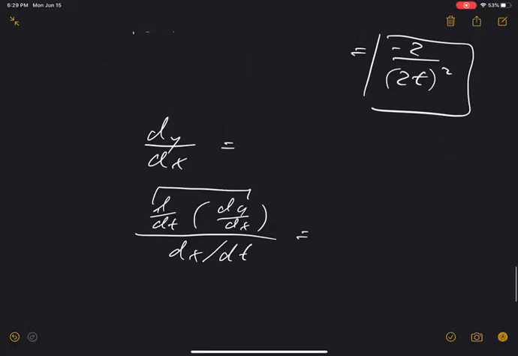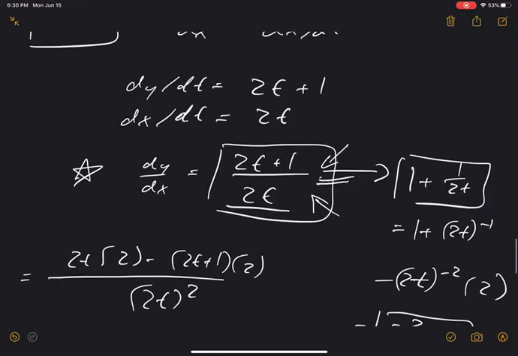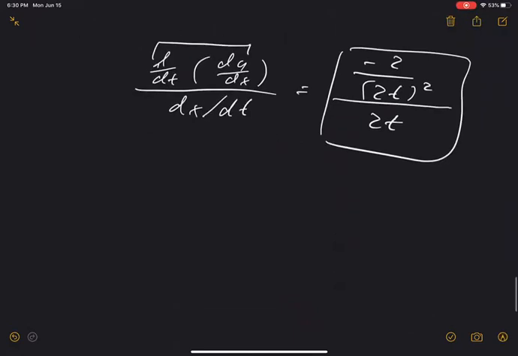The numerator we have is negative 2 over 2t squared, and then I need to divide by dx dt again, which we already found was 2t. So this is the full form of my second derivative. Let's go ahead and simplify. It just simplifies as this.